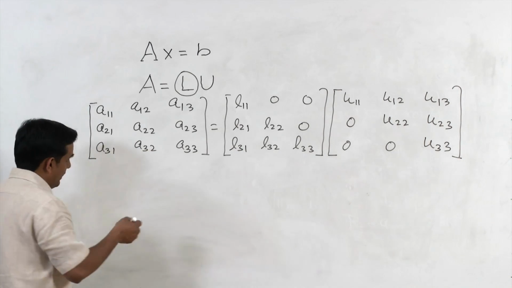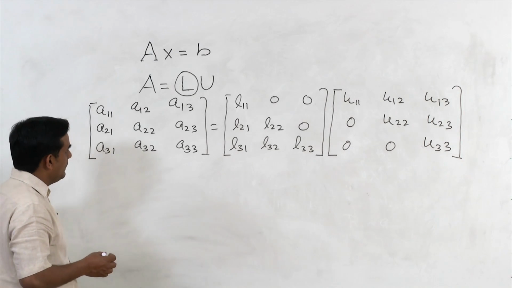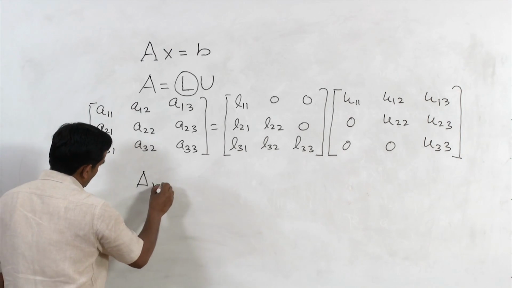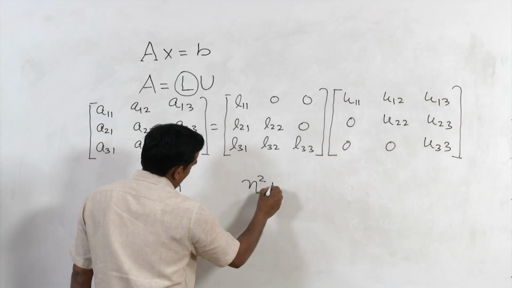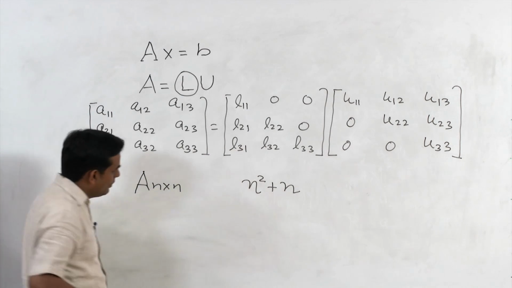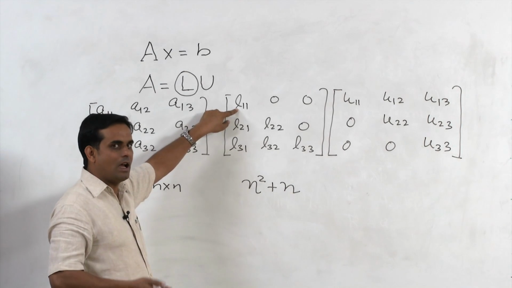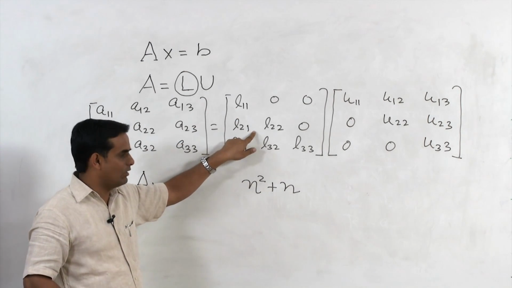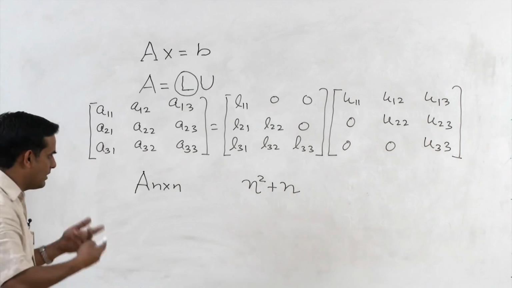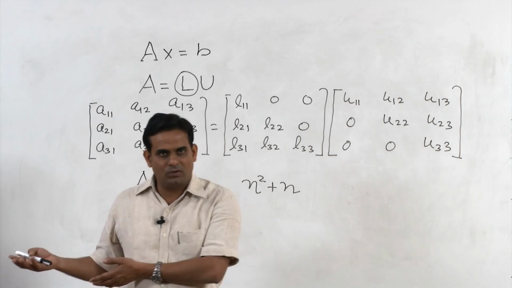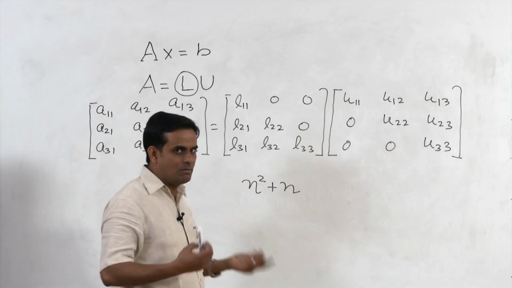So, what is the solution to this problem? In general, I can say this problem is like that. If A is an n by n matrix, then I will be having a total of n square plus n unknowns, because you can see here in the first row I will be having 1, in the second row 2, in the third row 3, in the nth row n. So, it will be the sum of 1 plus 2 plus 3 up to n, that will be basically n into n plus 1 by 2.